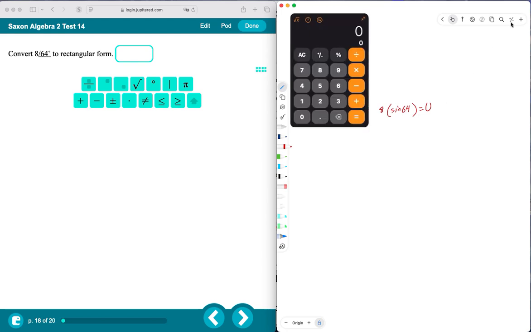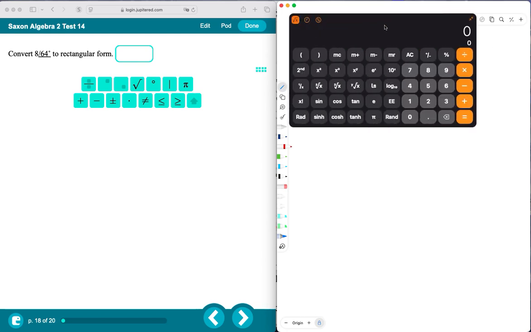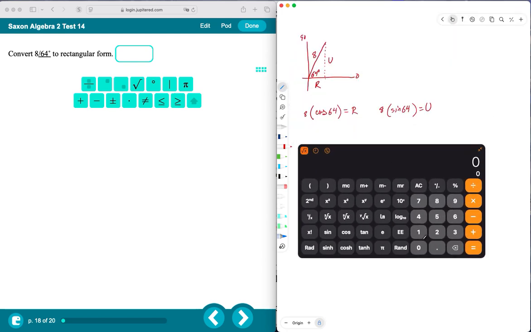So we just pull out our calculator. So let's see, we've got 64 cosine times 8. We round that to 2 places because that's what we do. This actually will bump this up to 1. So 3.51 r is the first term.